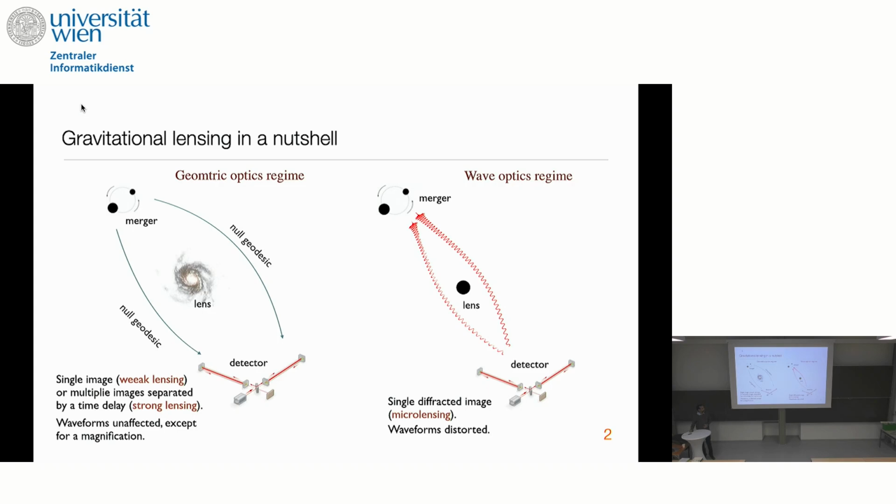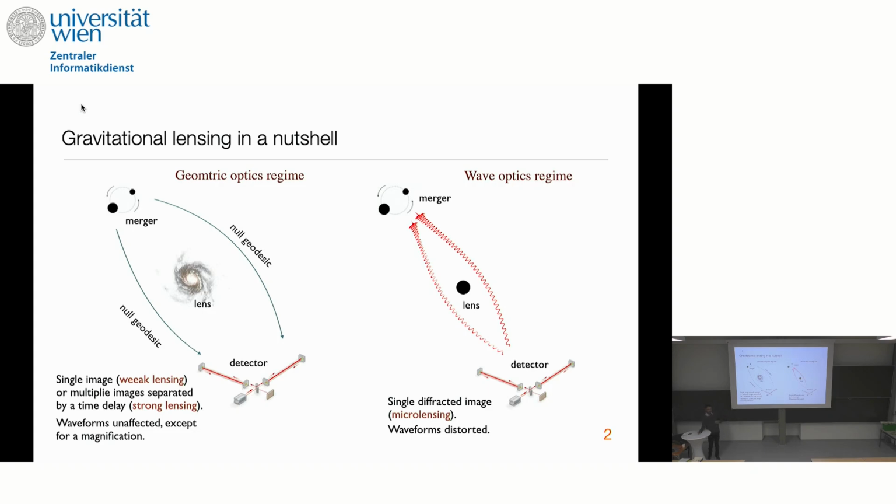Even in this situation, you can see both weak lensing, where you only see a slightly magnified image. Unlike in the case of lensing by galaxies, we don't see any distortion because our sources are point sources, compact sources.